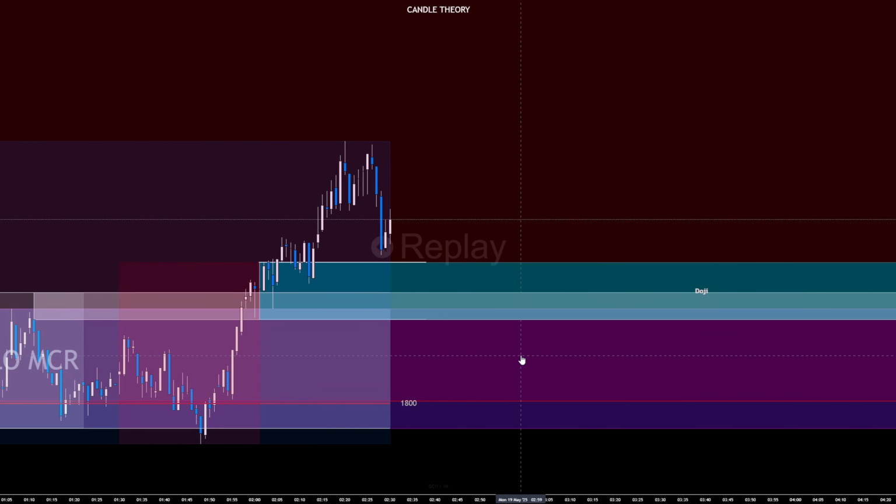But what we're looking at right now is price already had its true day at the bottom, which turned into a false day once we closed above the MCR again. So price is currently, from the closure of MCR, bullish. Price from the closure of the manipulation is bullish.